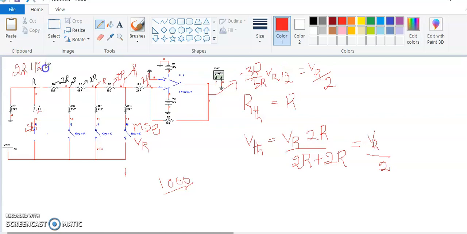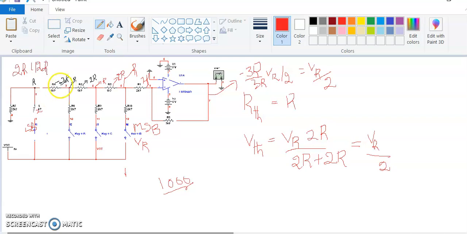If you solve this expression, the equivalent resistance value is R. So this is R and this is also R. These two are in series, so the equivalent resistance of this one is 2R.